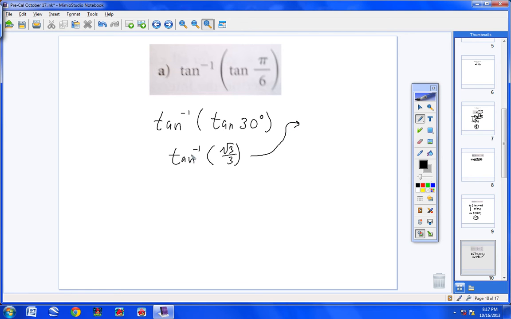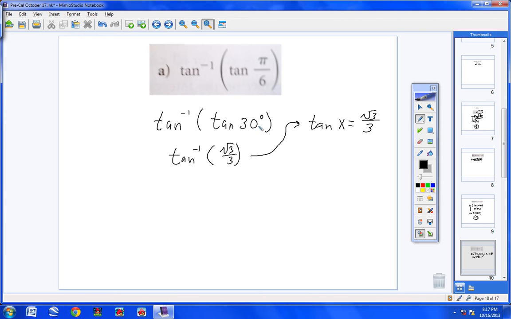So inverse tangent of this means to rewrite it like it's an equation. So tangent of some angle equals square root of 3 over 3. Now think about that, please, students. Did we not just say the tangent of 30 is square root of 3 over 3? So now we're saying what angle, when you take the tangent of it, gives you square root of 3 over 3? Wouldn't it be 30 degrees? Well, let's see.